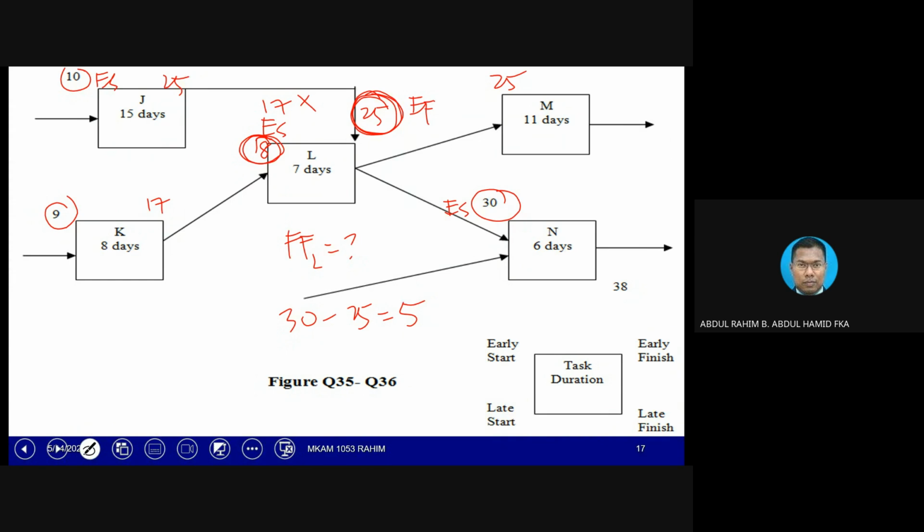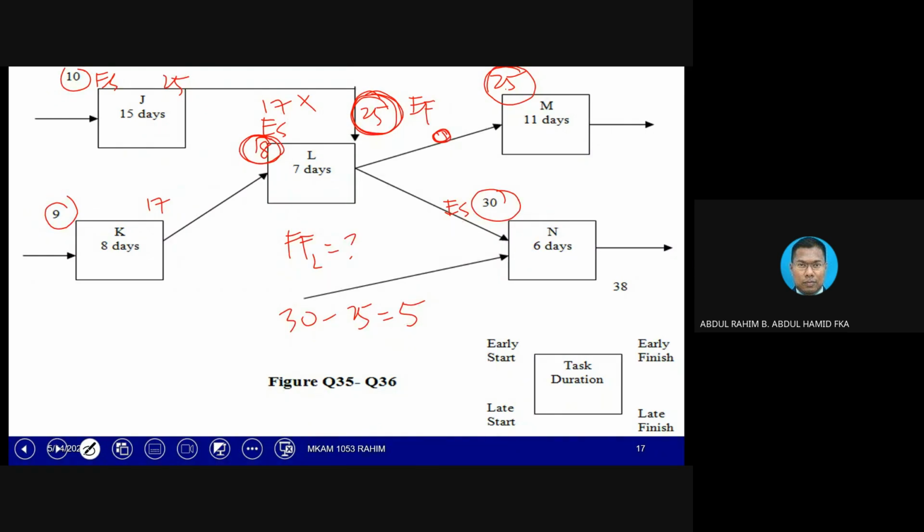So M will start on day number 25. Between L and M, using the same finishing of L, 25 minus 25 is equivalent to 0, a free float of 0.